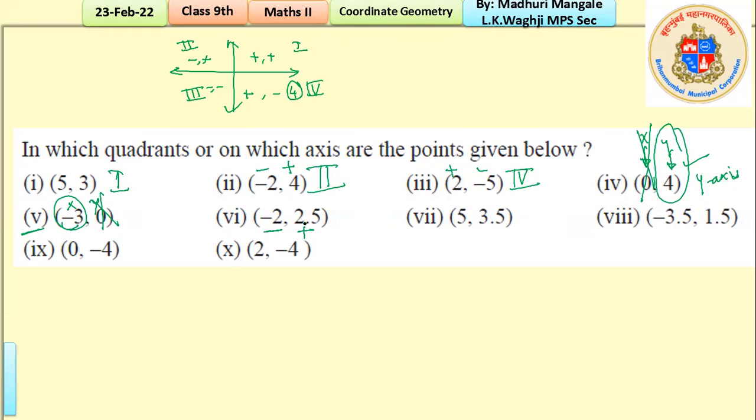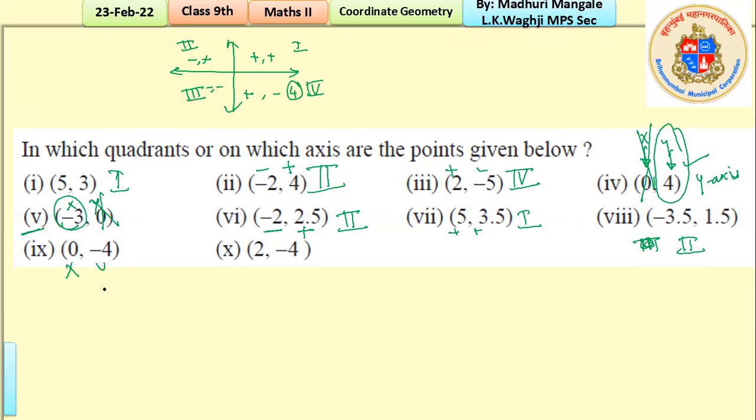If you look at the sixth one, the first sign is negative, the second is positive. So negative and a positive, that's the second quadrant. And the seventh one, both the signs are positive, so that's the first quadrant. Eighth one, first negative and then positive, that will be the second quadrant, isn't it? And over here, before comparing the signs, look for a 0.